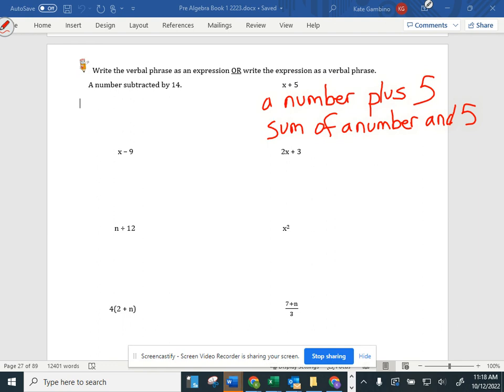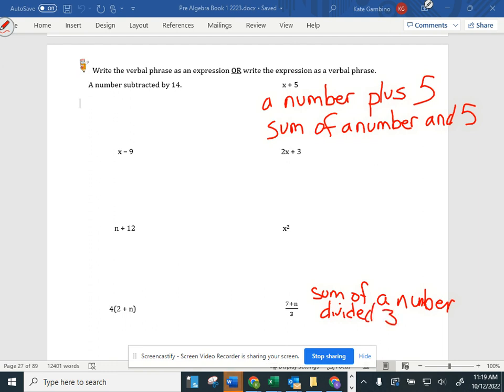Hugo: Also, for the fraction, just make sure you put a comma. If it's like 7 plus n over 3, you gotta put the comma. Yes. So would we say over? No. So we would say divided by. Yeah, you could say the sum of a number divided by 3.